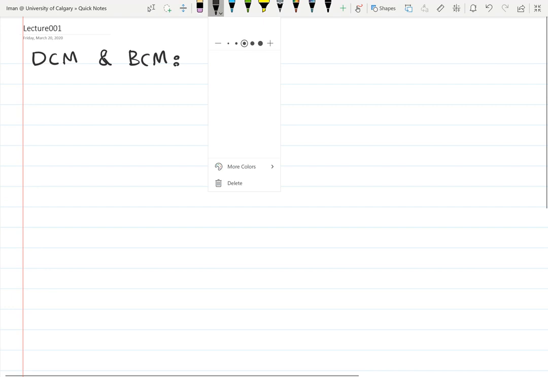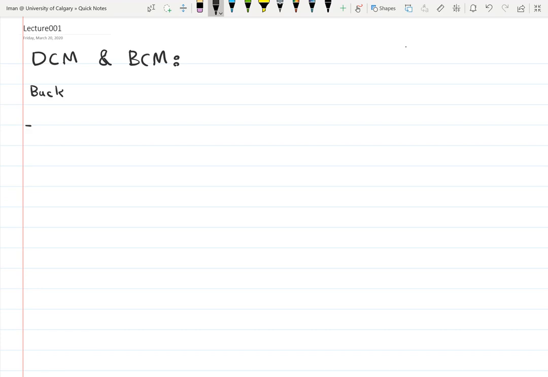So let's look at some of our converters. A buck was basically, we had a switch and a diode here, and then we had an inductor.